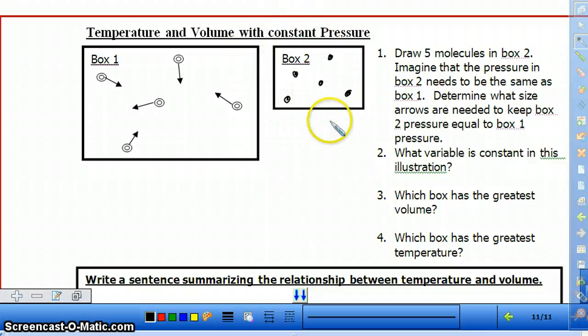Well, if my volume is going way down and I want the pressure to stay the same, does it make sense that these arrows need to be much smaller? Because the only way I can reduce the volume but keep the pressure constant is to make sure these particles have less kinetic energy. So I'm going to draw them with very short arrows.